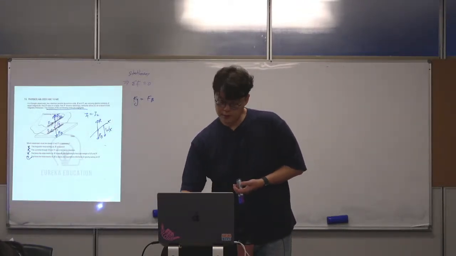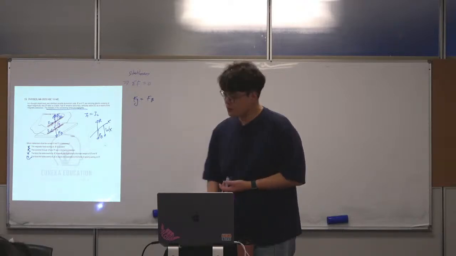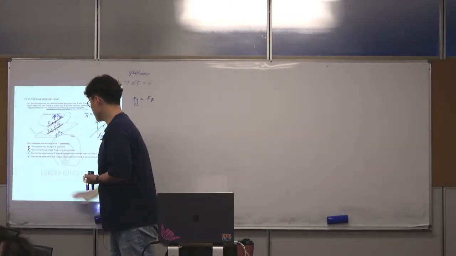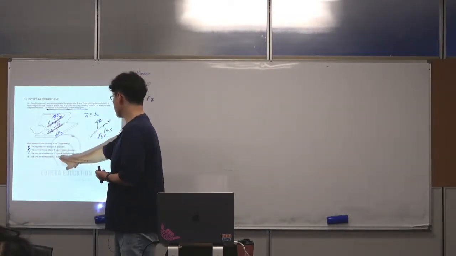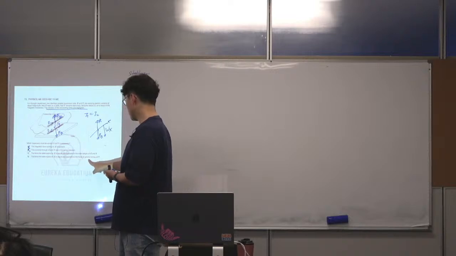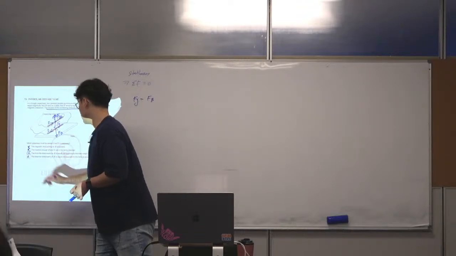Question 15. Hang on, let's check. The force the table exerted on X is equal and opposite to the total weight of X and Y. Oh, sorry, this is actually C is the answer. Correct that, I missed that.